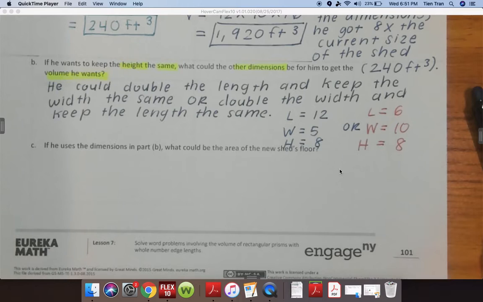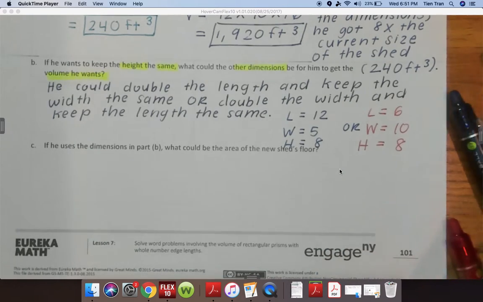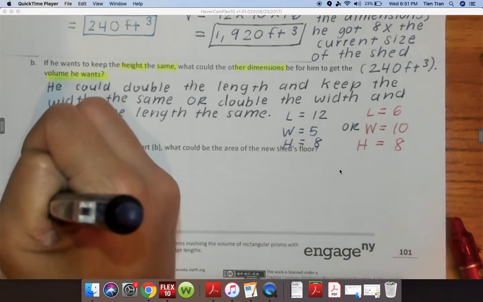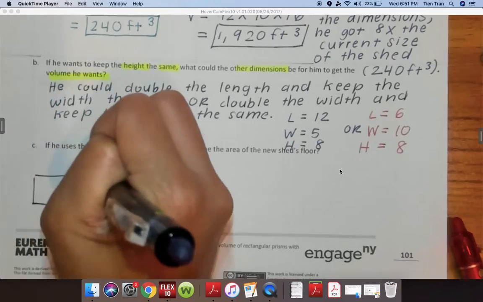Okay, so for problem C, it says if he uses the dimension in part B, what could be the area of the new shed's floor? So I'm going to draw you a picture so you can kind of see what it is talking about.